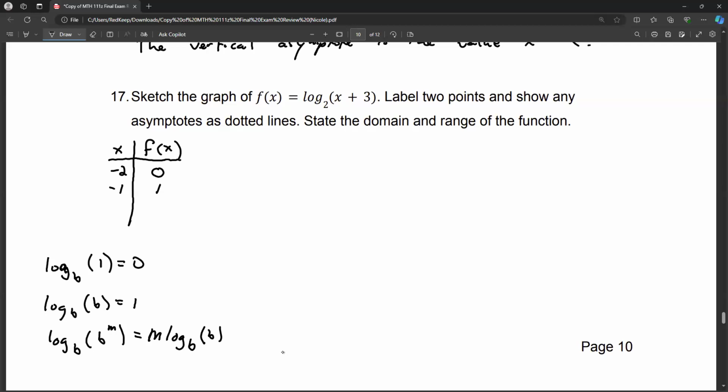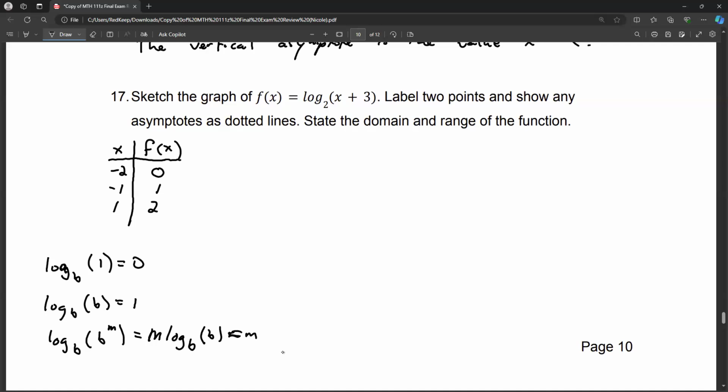And we already saw that log base b of b is equal to 1, or just 1 times m, which is m. So it might not be perfectly clear what I'm talking about here, but what I want to do is to think about how do I create a favorable situation to use this property. And if I plug in x equaling 1, I'll get the argument to be 4, which of course is 2 squared. And then the result would be just the exponent of 2.